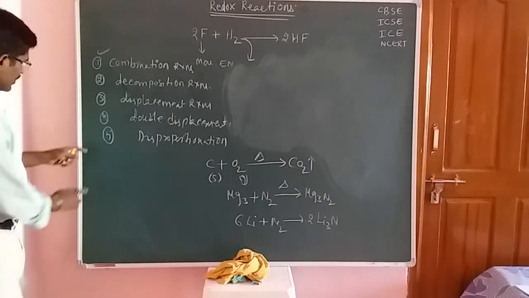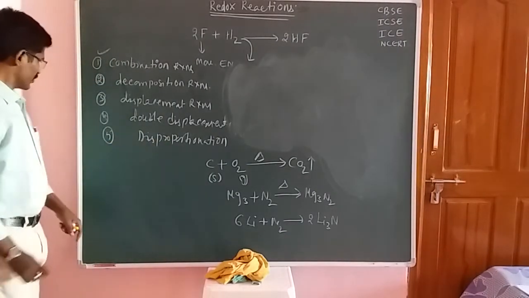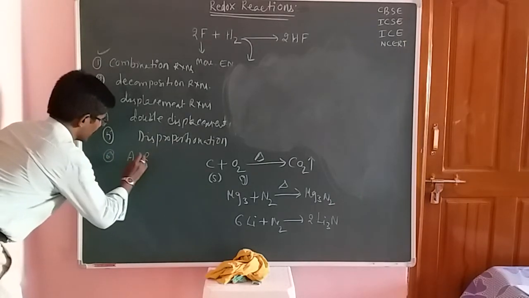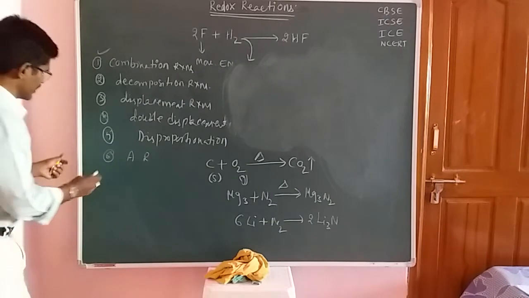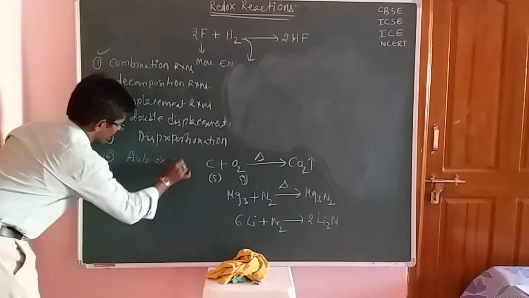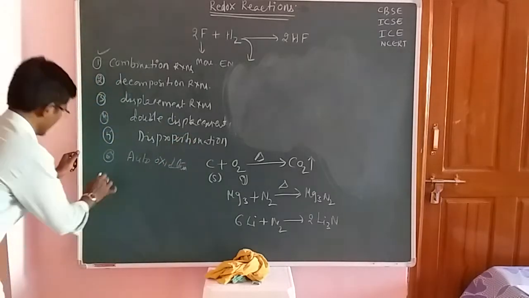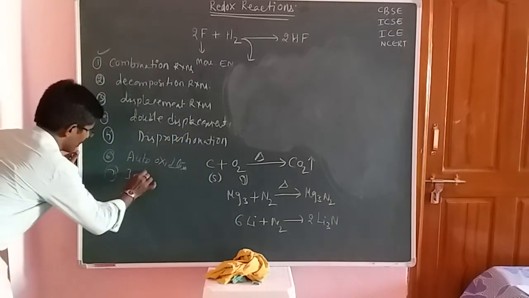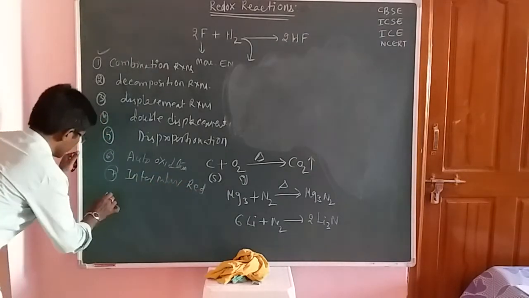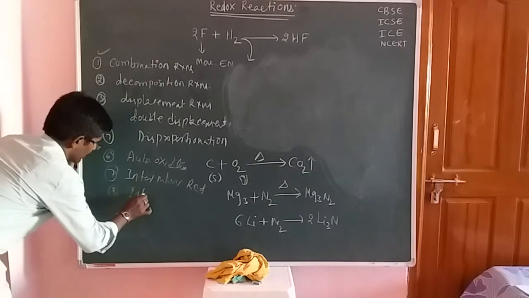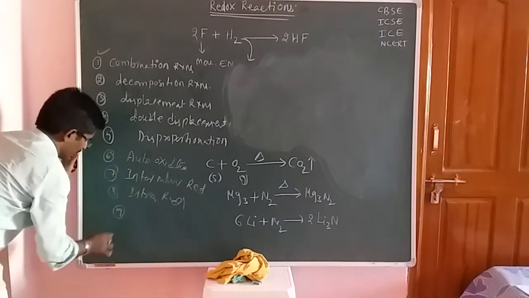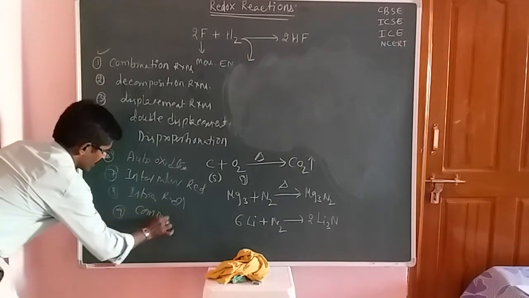Once again, the fifth is disproportionation reaction, the sixth is auto-oxidation reaction, the seventh is intermolecular redox reaction, the eighth is intramolecular redox reaction, and the ninth is comproportionation reaction.